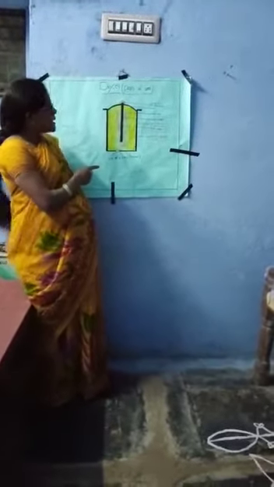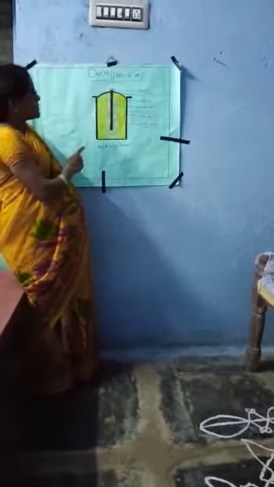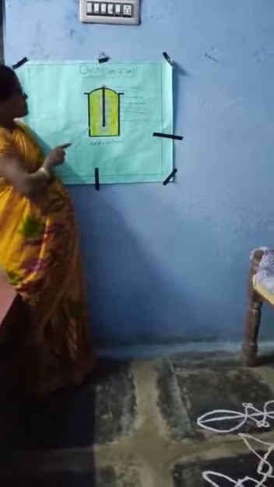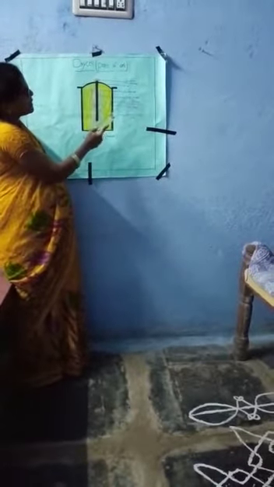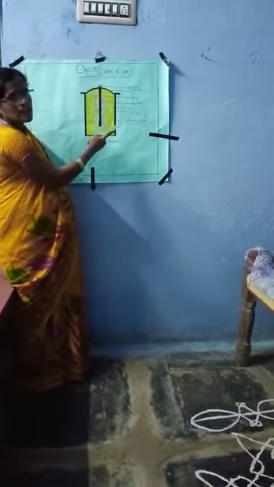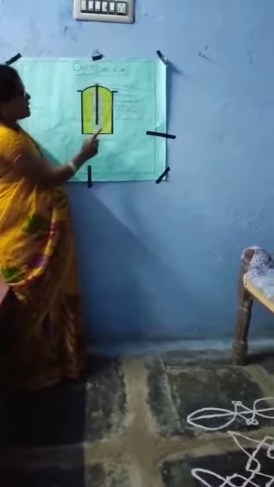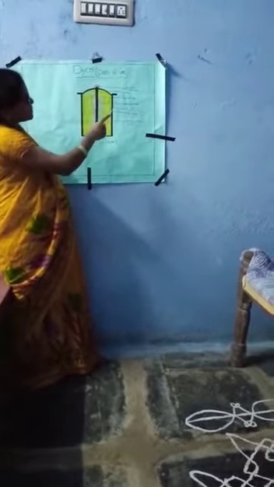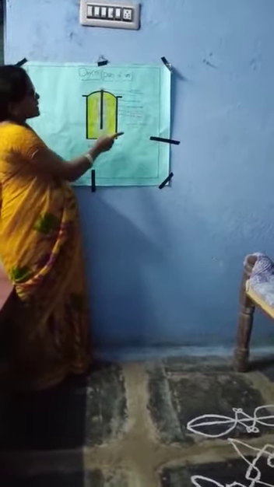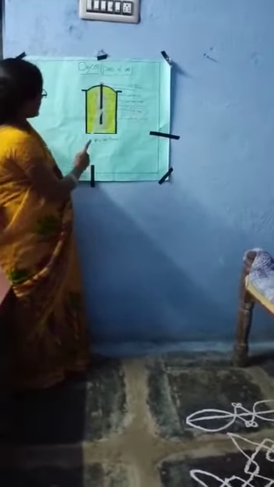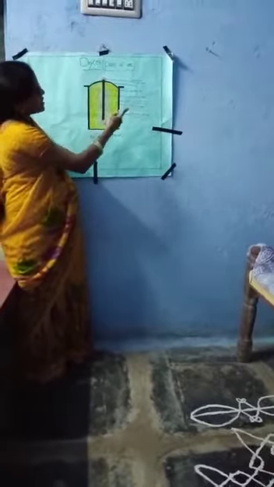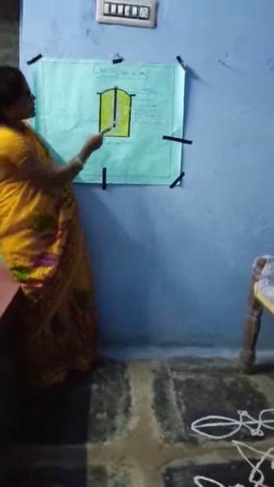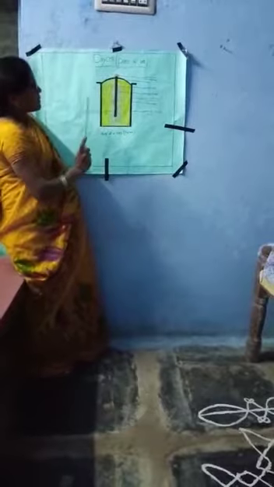Children, repeat once again the dry cell. See the dry cell diagram. A dry cell consists of a zinc container. The container also serves as the negative terminal. Zinc container, negative terminal. Next, the carbon rod with a metal cap serves as the positive terminal.